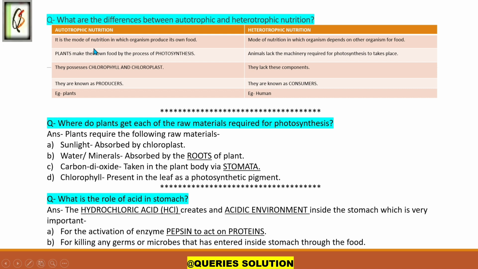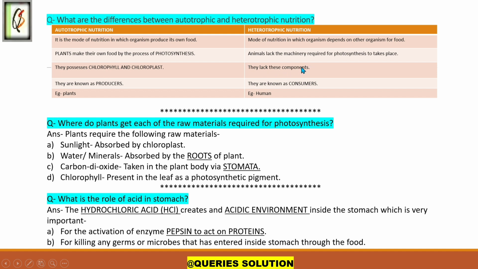Plants, being the example of autotrophic nutrition, make their own food, and we know this is by the process of photosynthesis. While animals don't have any such process happening, and that's why they cannot make their own food. These autotrophic organisms like plants make their food by photosynthesis because they have structures like the chloroplast, an important cell organelle, which has the photosynthetically active pigment known as chlorophyll.